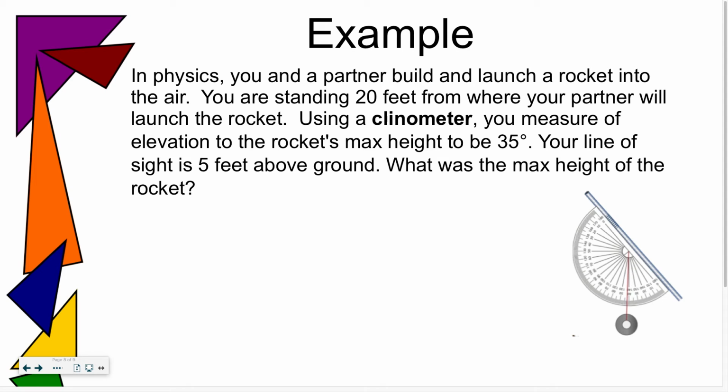This is a really rough one. There are actually real clinometers that people have probably used before. But you follow it up, and you stop it when it lines up with the max height of the rocket, and then someone can read where your string is, and it would tell what angle you had looked at. So it's a rough way for you to estimate the angle of elevation or even depression.